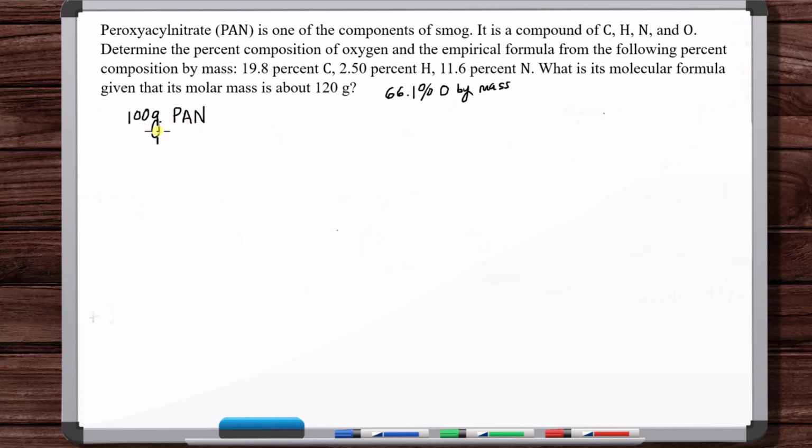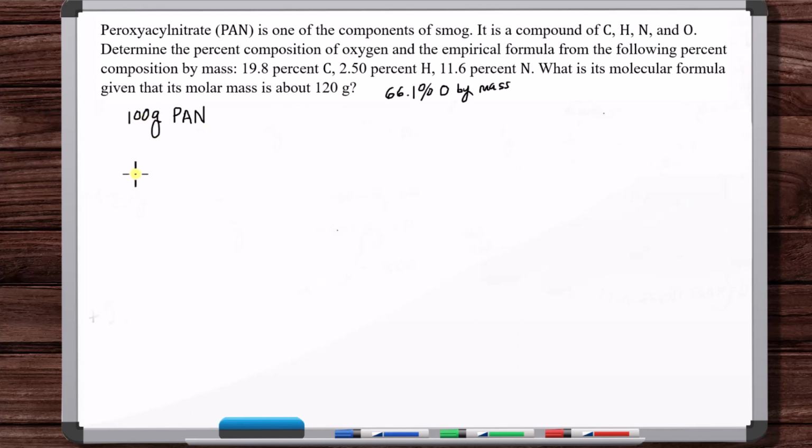We're dealing with ratios and percentages, so the percent by mass of these elements in 100 grams of PAN is the exact same as if it was 120 grams. The ratio of moles or atoms is the same no matter what. The empirical formula doesn't change if you have 100 grams or 120 grams. So we could just say we've got 100 grams.